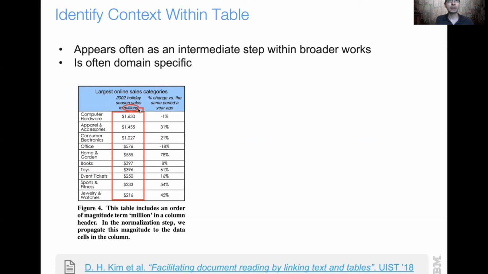They identified them in column headers and propagated them down to all the data cells within the respective columns. So this is one example of how this problem is hidden within broader work and how it is domain specific.